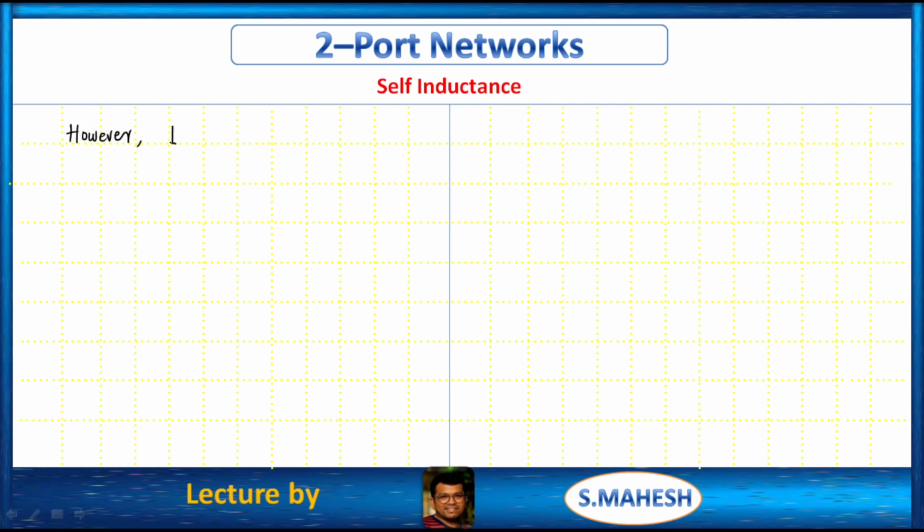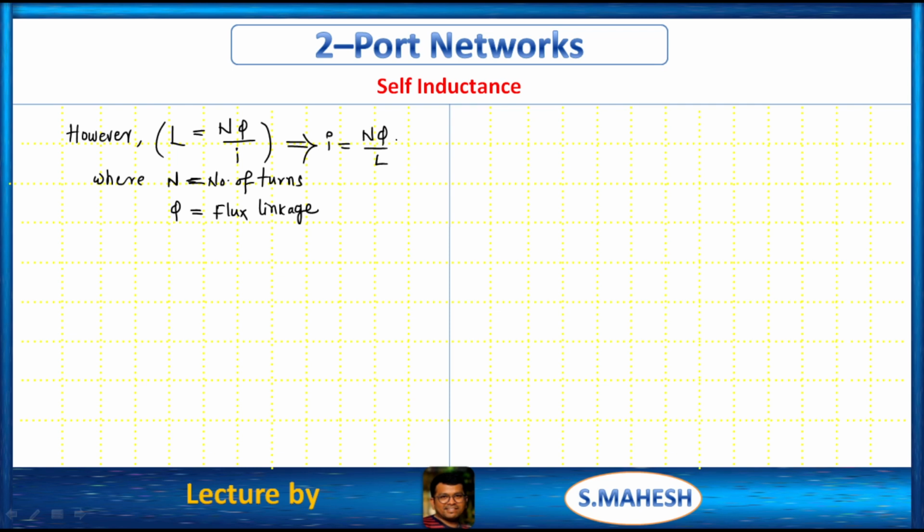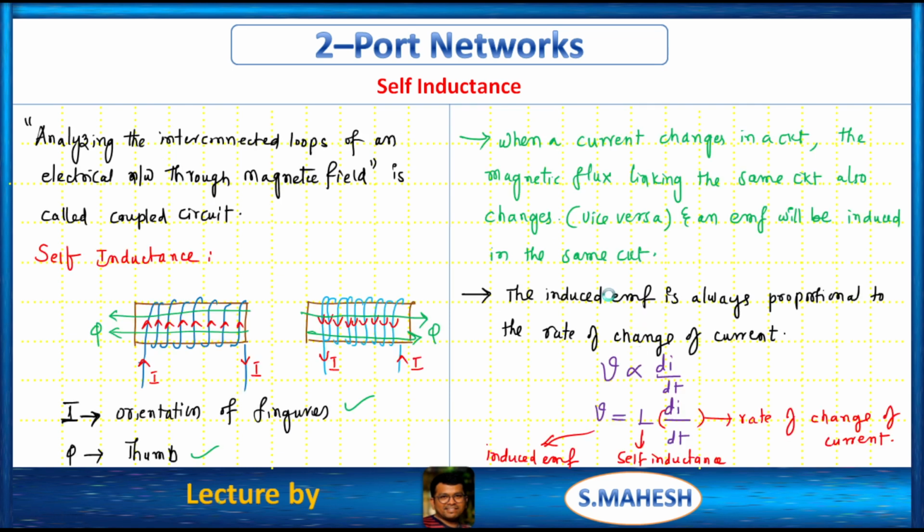However, we all know that L is equal to N phi by I, right? Where N is the number of turns and phi is the flux linkage. Here L is equal to N phi by I. Therefore, from this I is equal to N phi by L. Then substitute this value of I into this equation.